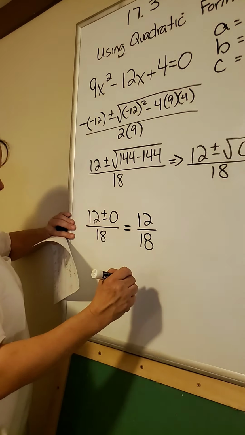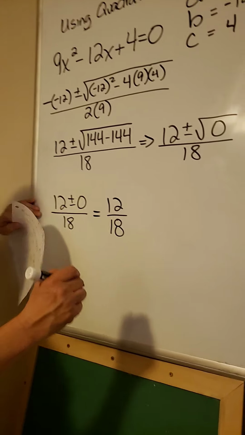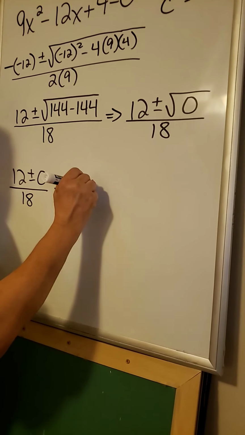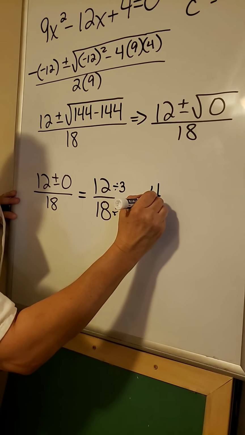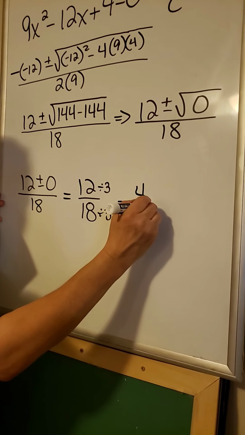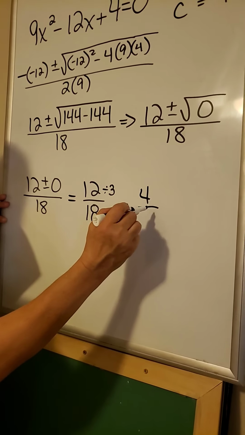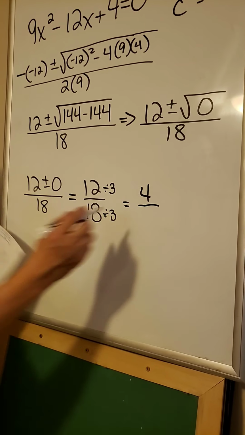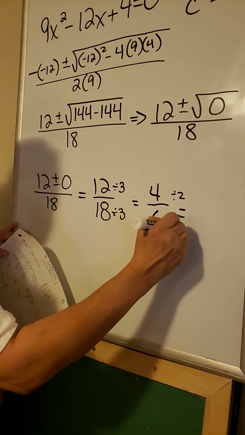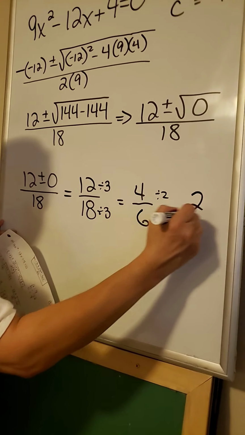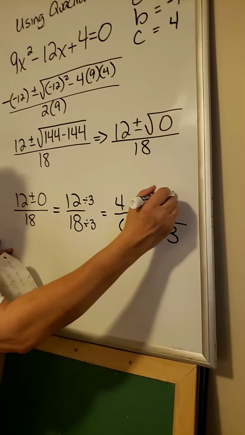And you said, well, I can reduce that. So you reduced by 3, and that gave you 4 over 6, which you have to reduce down further. 2 goes into 4 twice, and 2 goes into 6 3 times.